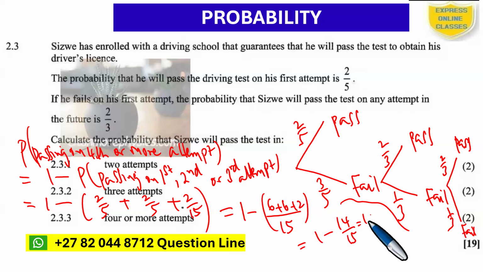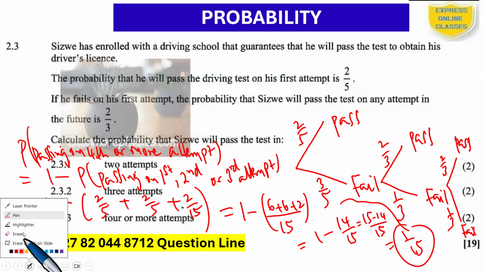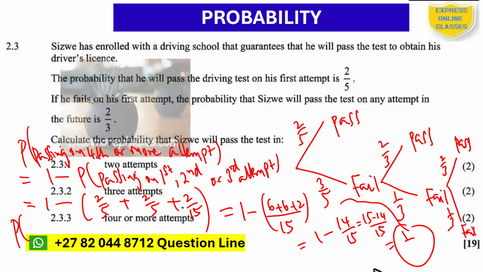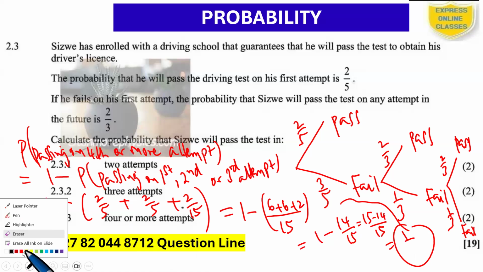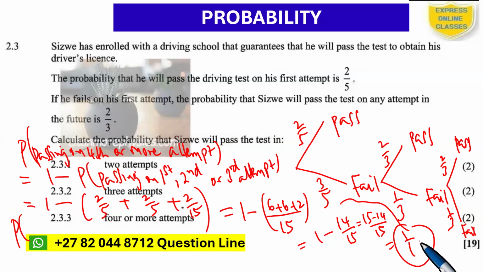Then 15 minus 14 divided by 15 is 1 out of 15. So the probability of passing in 4 or more attempts is 1 out of 15, exactly 1 out of 15.